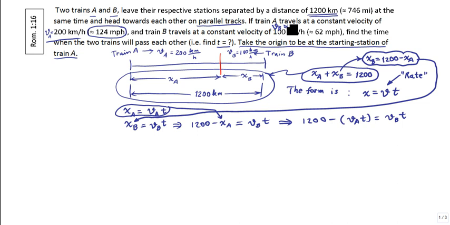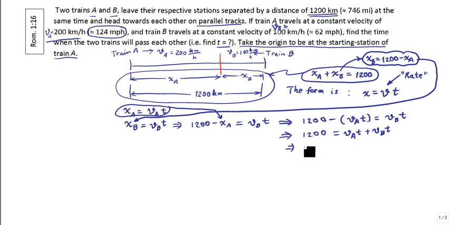Okay, so let's go ahead and solve for this. That means that if I take this term to the right hand side, I'm going to have 1200 is equal to v sub A times t plus v sub B times t.